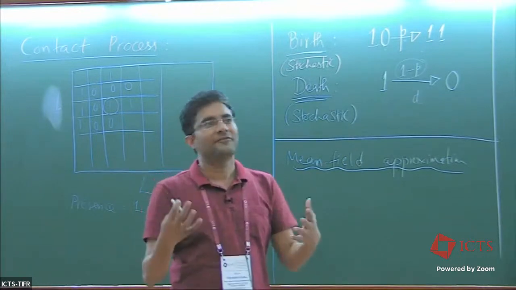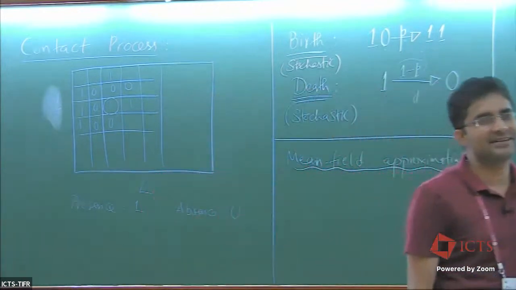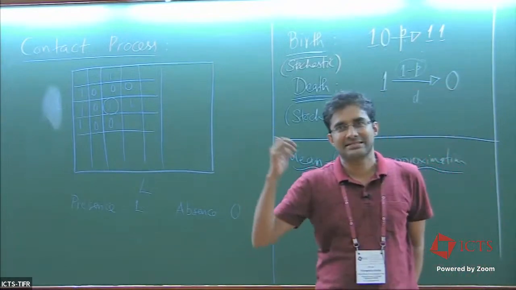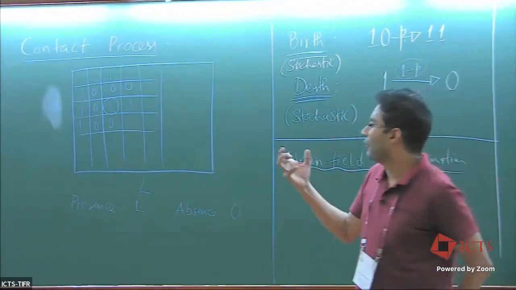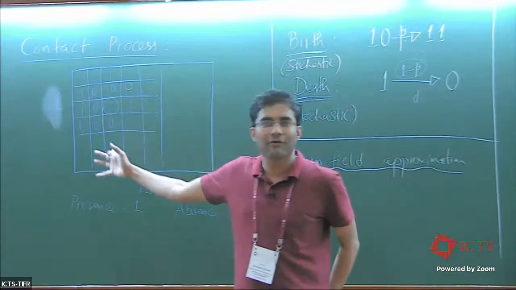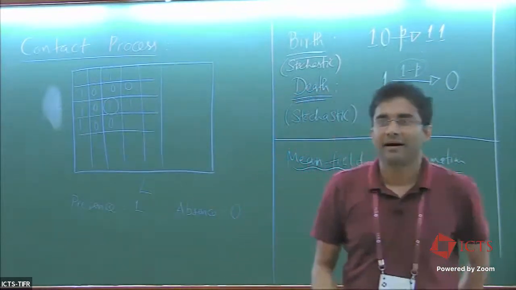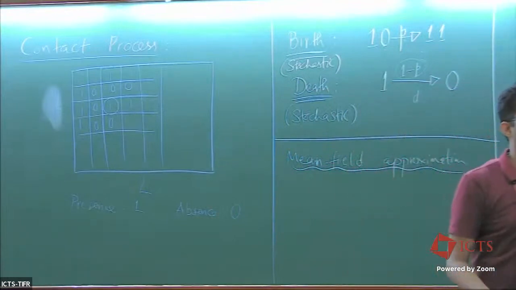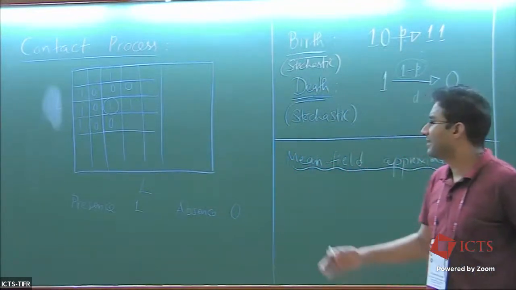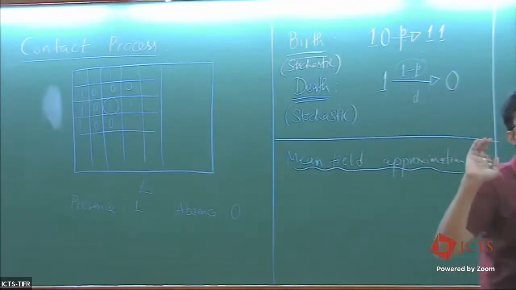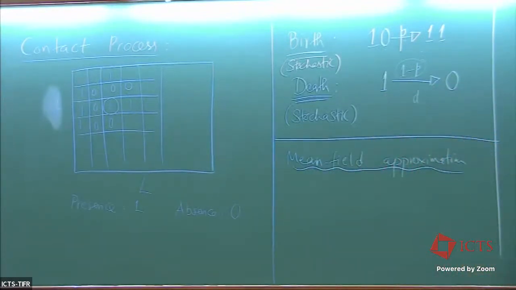The word field usually comes from the physics literature, where people study particles and fields. So we want to understand the mean values of all these variables, the mean field variables, and how they change over time. That's where the name comes from. When we study mean field, we are ignoring the variation, the variance and fluctuations. We only focus on the mean.